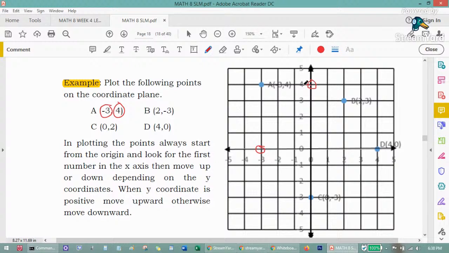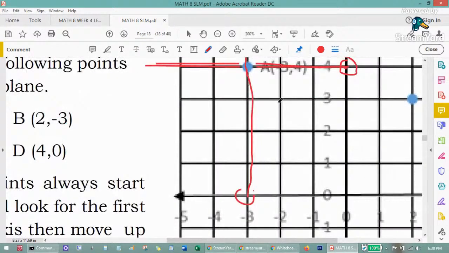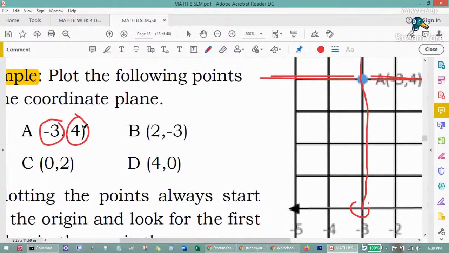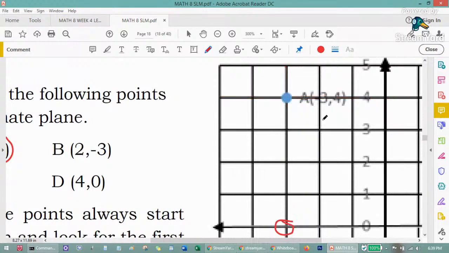So, pag nag-drawing tayo ng linya dyan, simula sa positive 4, and dito naman sa negative 3, makikita natin na merong intersection dito, and yun ang point, x is negative 3 and y is positive 4. Okay, this is point, x is negative 3 and y is positive 4.